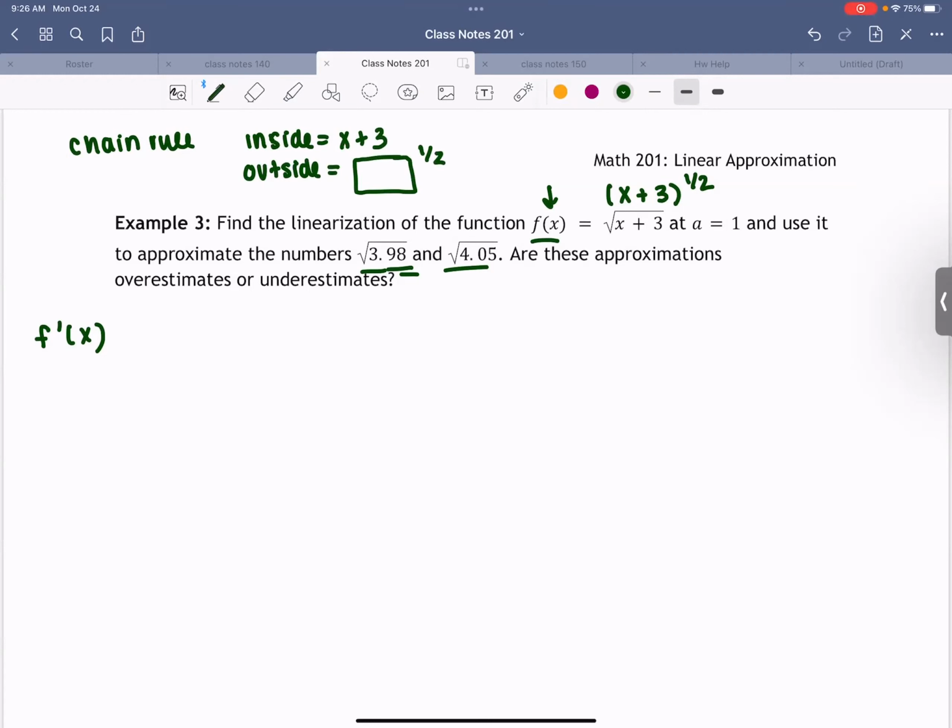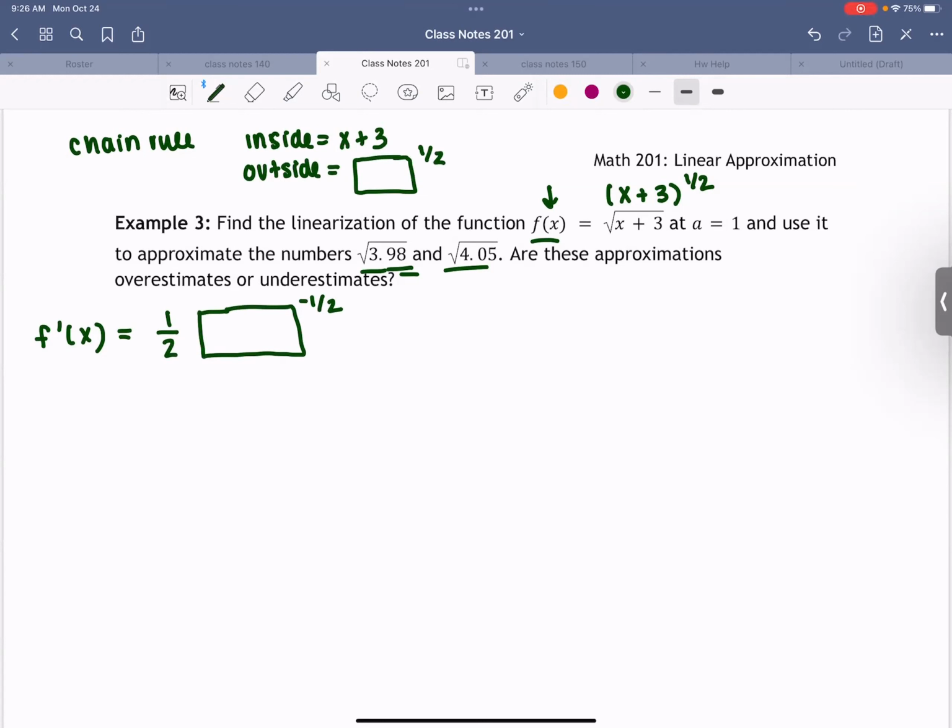So when I find my derivative, what's the derivative of a box to the 1/2 power? Good, 1/2 box to the negative 1/2. So that's the derivative of the outside using the chain rule.